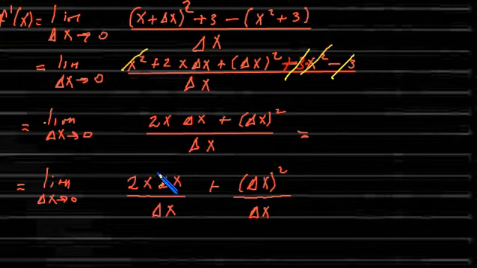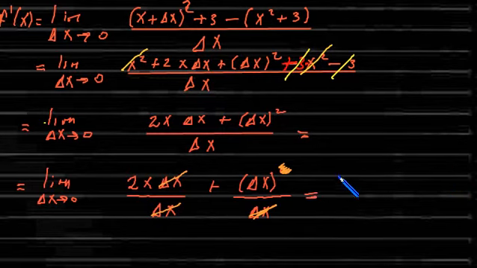Just notice what's going on here. I am able to cancel this delta x with the delta x in the denominator, and I'm just going to get a 1 down here. I'm canceling, and I am just going to be left with delta x, and I'm taking the limit of this as delta x approaches 0.